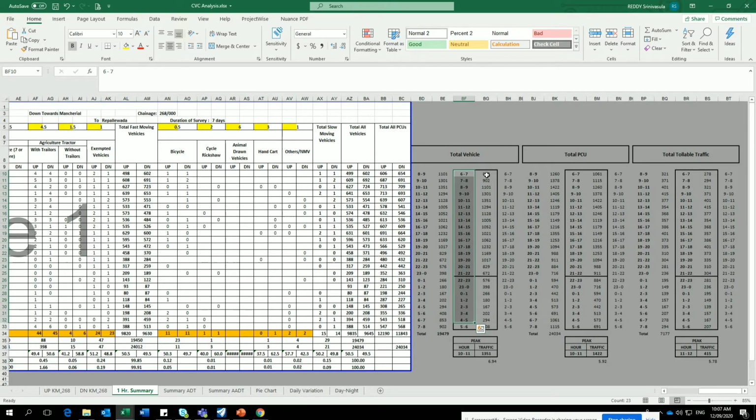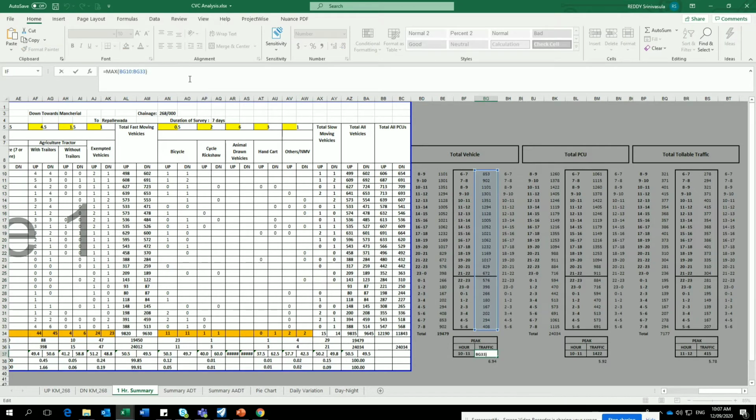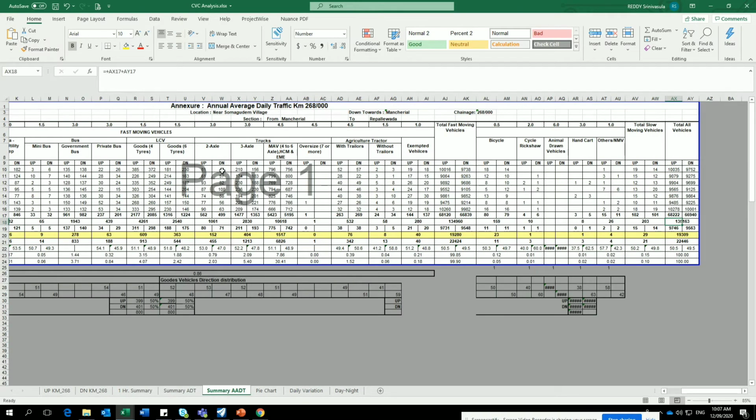Out of these, the one having the maximum value is the peak hour. Just apply the maximum. Similarly for PCU, in terms of PCU on the 4 to 2 vehicles, 10 to 11 is the peak hour. That's it. Now the summary of ADT is over.